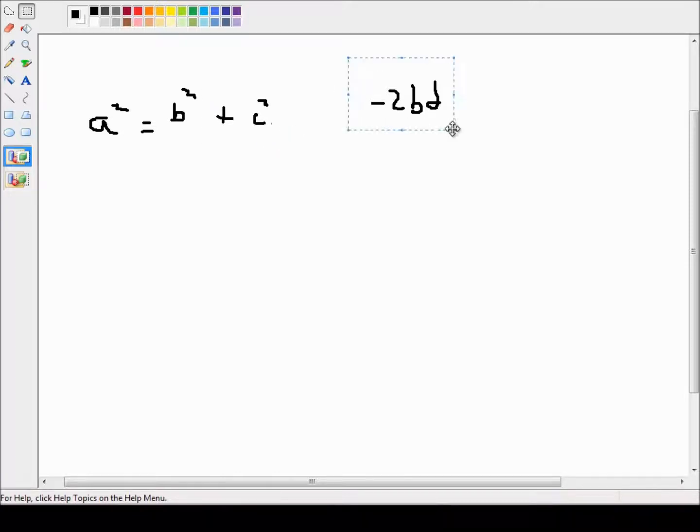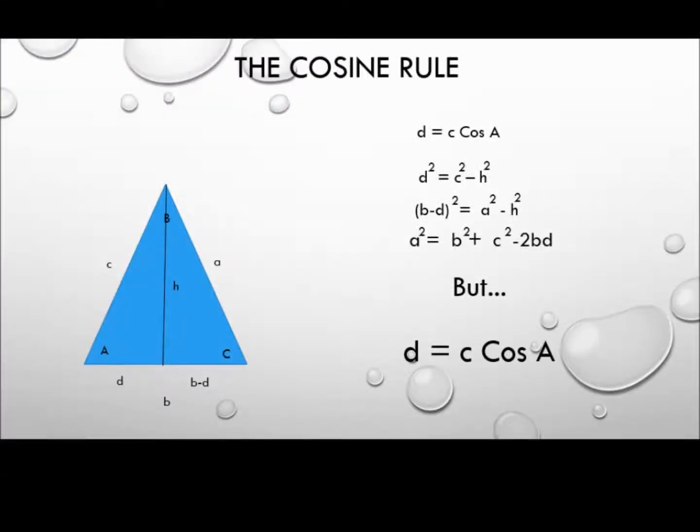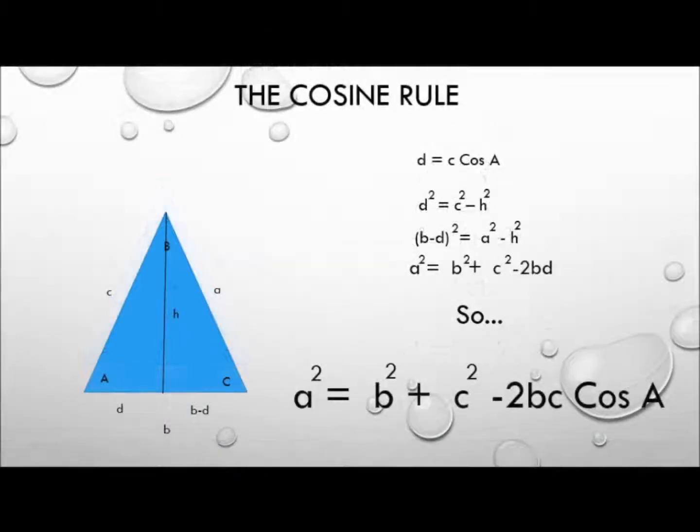And doesn't this already start to look a bit like that cosine rule that we started off trying to derive? In fact, the only thing that's different is this d here. But d is equal to c cos A, which we said right at the very beginning. And when we substitute that in, we get our cosine rule.